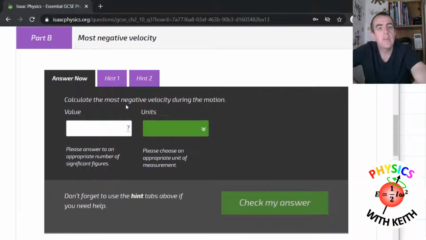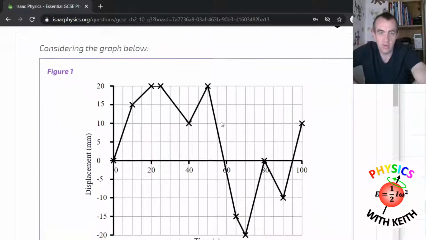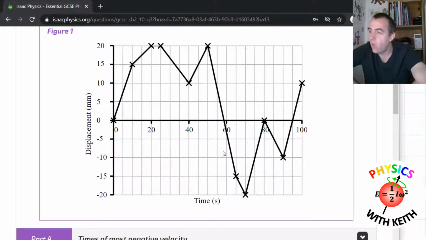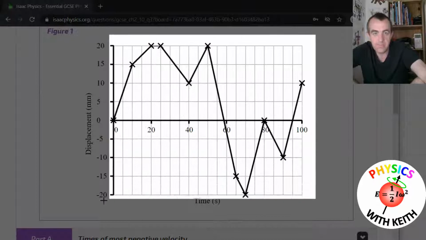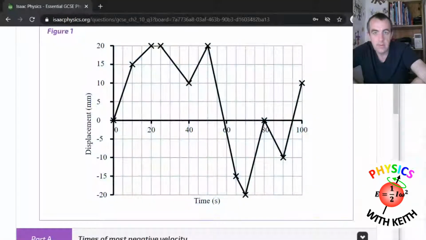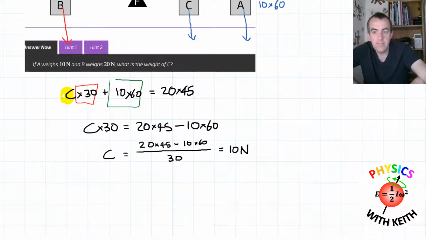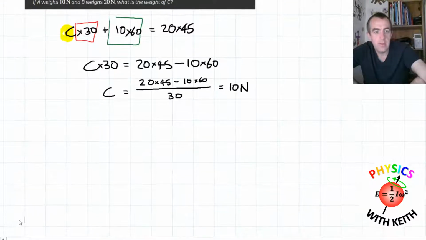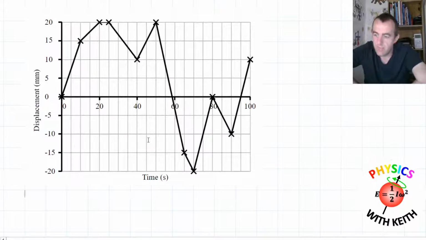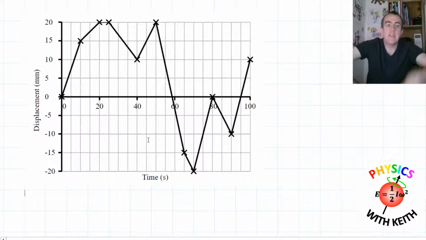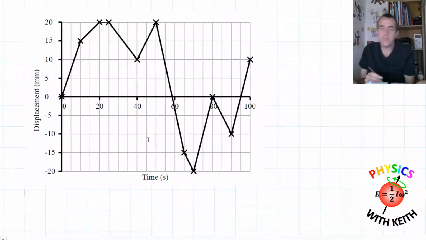It then says calculate the most negative velocity during the motion. So in other words, now you've found out when it is, what is that most negative velocity? It's the final displacement minus the initial displacement divided by the time it's taken. So let's scroll down. Give myself a bit of room. Final displacement minus initial displacement.